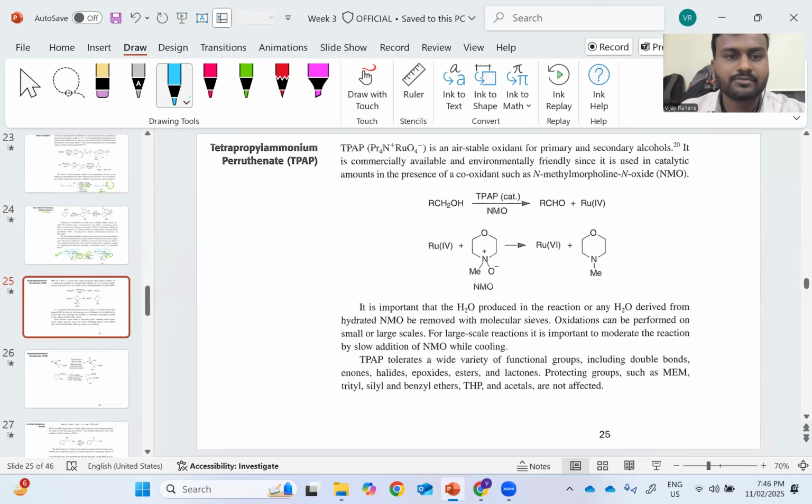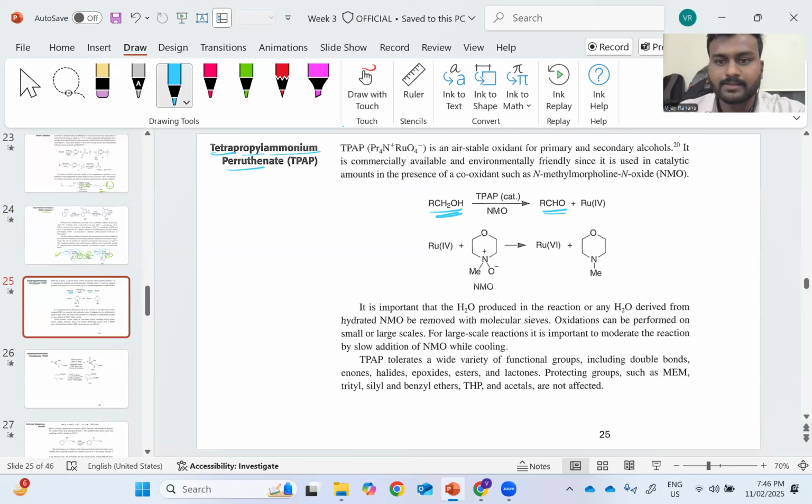Another reagent is tetrapropylammonium perruthenate. This is a ruthenium based salt, which is used for the conversion of primary alcohol to aldehyde. So this is also one of the reagents you can use if you want to convert the alcohol selectively to aldehyde.